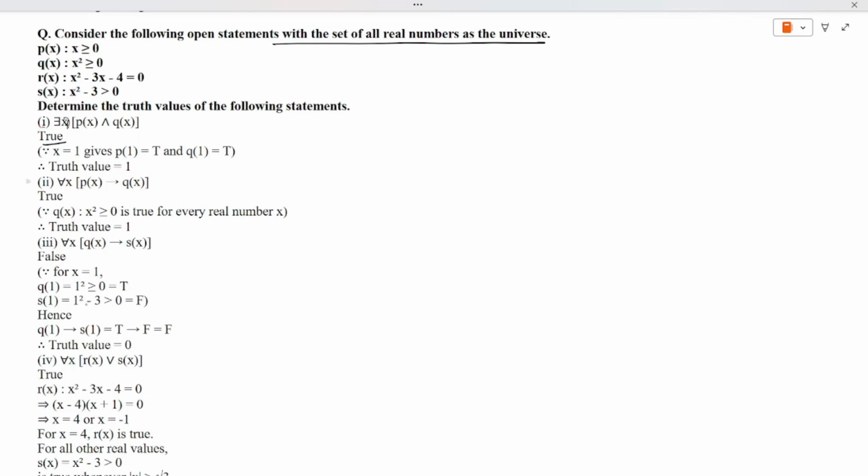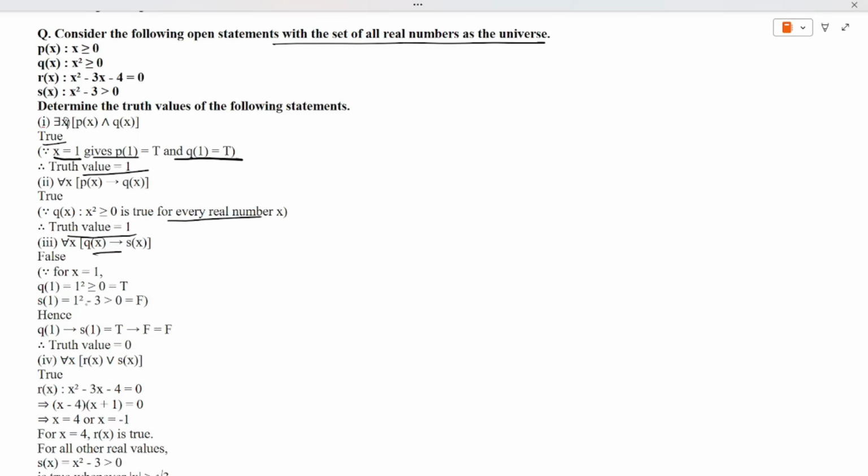If you consider x equal to 1, that gives p of 1 true and q of 1 also true, and true and true is true, so the truth value is 1. Now, for x square, it is true for all real numbers, which is what you have taken. So the truth value is equal to 1, since 1 square is 1.